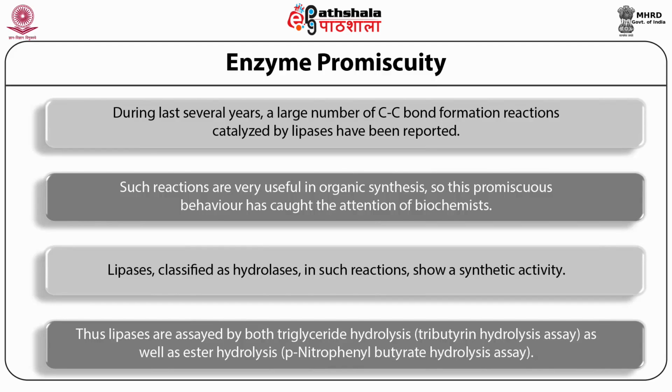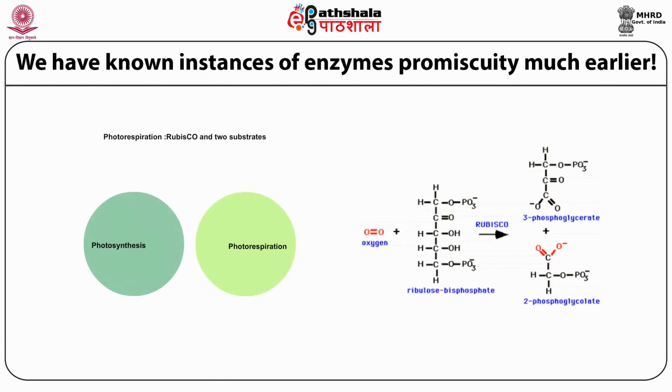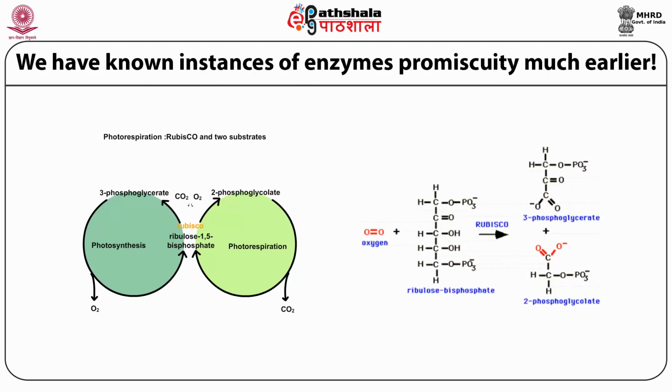We also assay lipases by ester hydrolysis, which is a spectrophotometric assay which tracks the hydrolysis of a simple synthetic ester like para-nitrophenyl butyrate. This was clearly understood in terms of their reaction mechanism and active site geometry. It was also rationalized by pointing out that this can be treated as a case of broad specificity, and of course, since both were hydrolase activities.